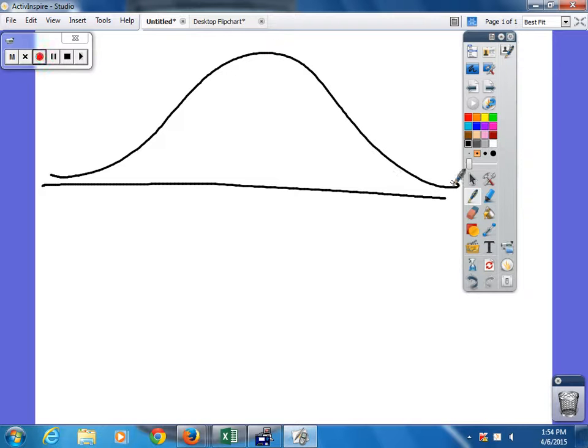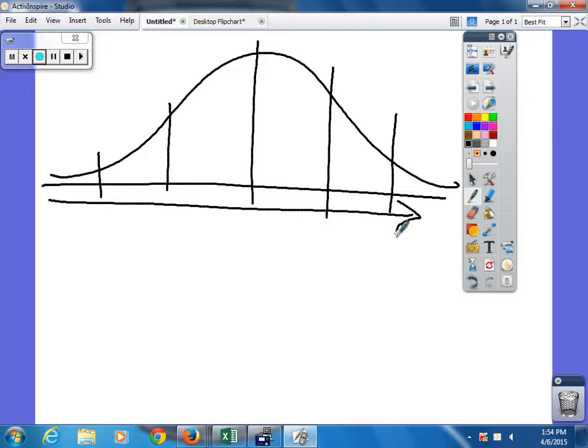When you read a normal distribution, you need to think of it kind of like a gas tank. If we read from left to right, this end would pretty much be empty. This would be a quarter of a tank. This would be half a tank. This would be 3/4 of a tank. And this would be full.